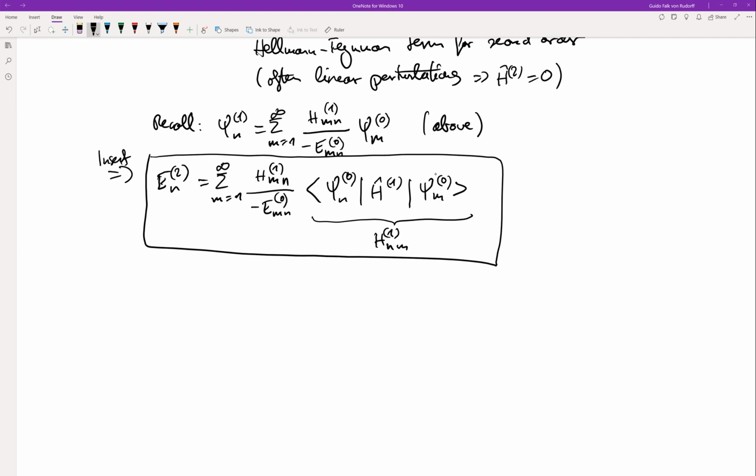Now we have the same term twice, or at least something very close to it. We have H_mn and H_nm, which only differ in the ordering of the bra and ket, but since neither of them is an eigenfunction of the perturbing Hamiltonian, we have to work a little bit in order to show that this can be further simplified.